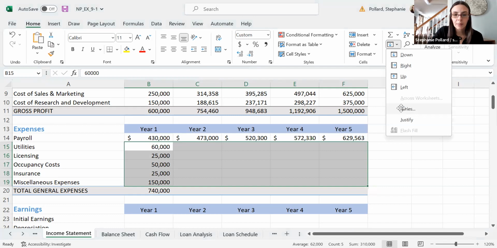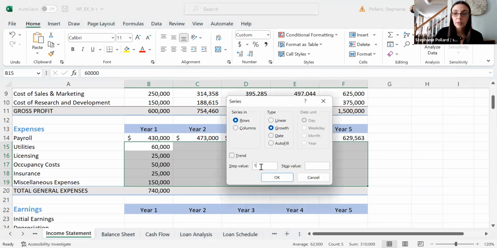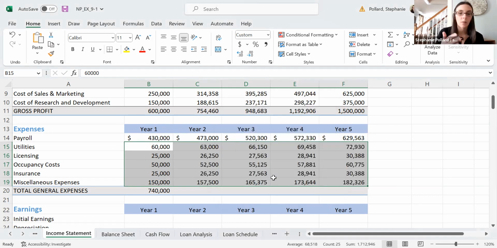I'm going to go to Series. I'm going to stick with growth. And this time I'm going to use 5%. Now it's in decimal form here, so 5% is 0.05. So use 1.05. That one out front makes sure the data is growing because it's technically 105% that we're doing here. So we're going to hit OK, and those will all get filled in appropriately.